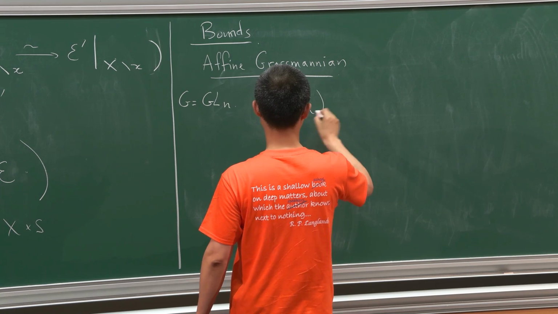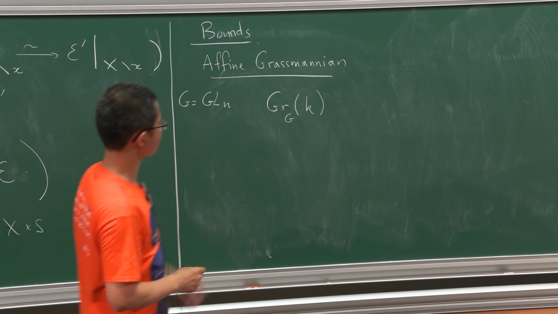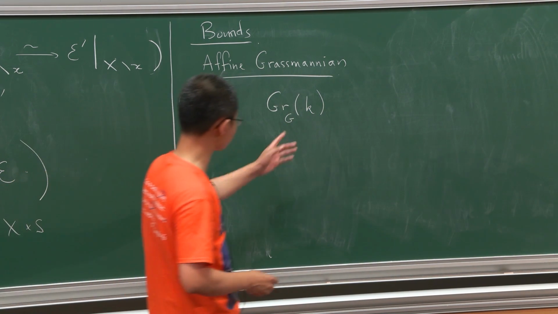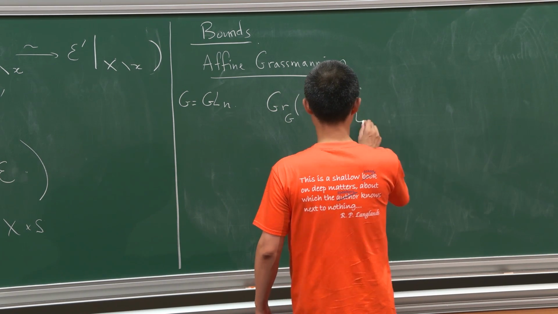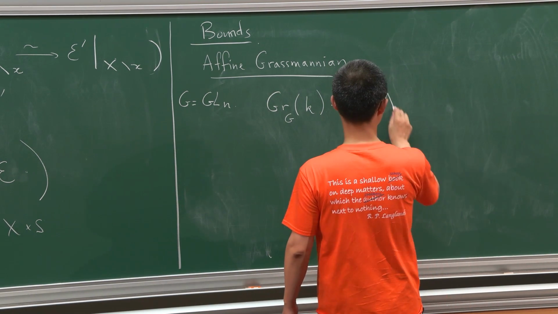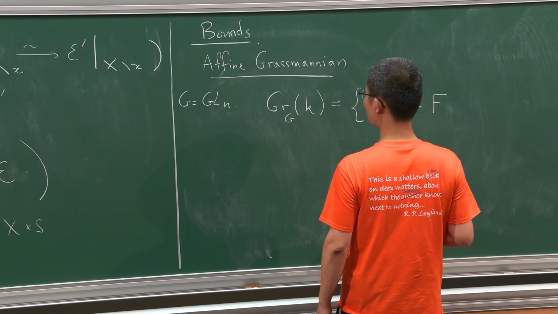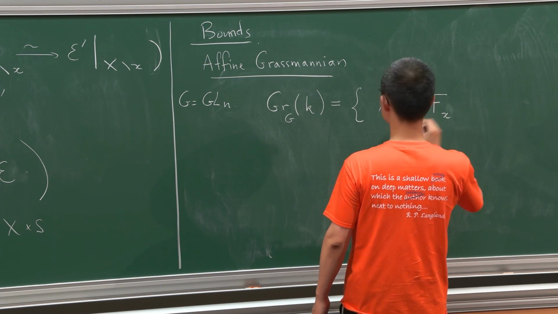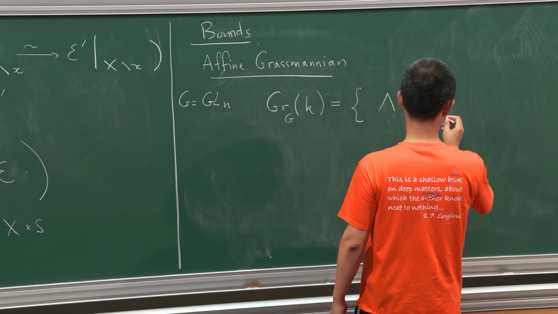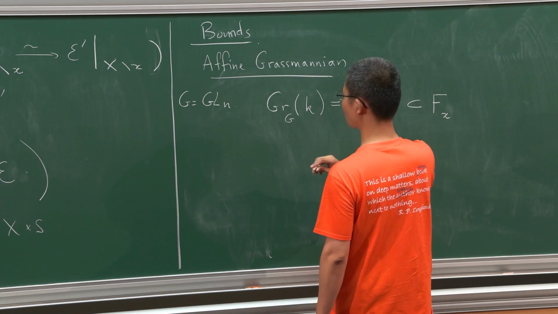at least if I just talk about its k points, this as a set is very easy to describe. These are just O lattices in, let's say, well, this is local. So this is depending on a local field.